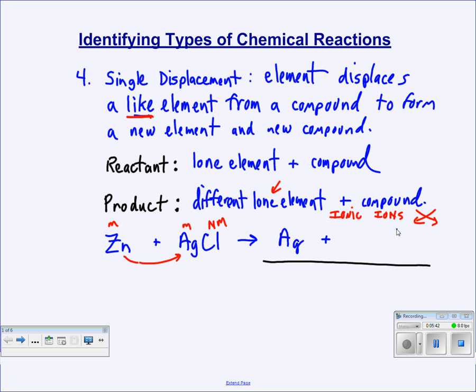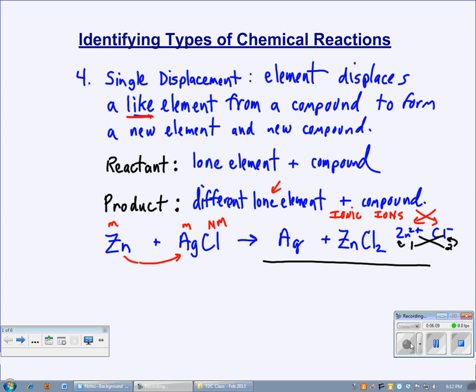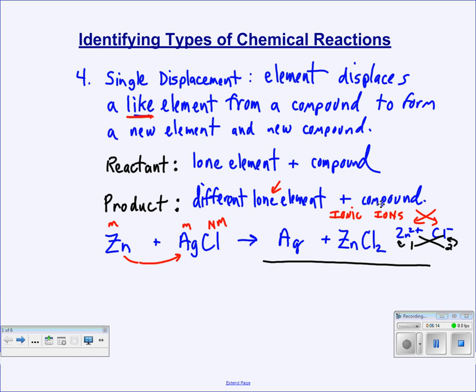When zinc forms an ion, zinc forms a 2+ ion. Chloride, a 1- ion. We crisscross those, 2, 1. And what this says is 1 zinc ion will bond to 2 chloride ions, and we would write our formula, ZnCl2. Notice that in our products, we have a different lone element and a new compound.